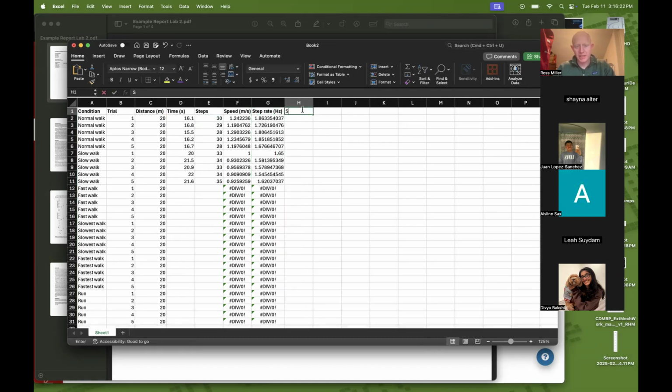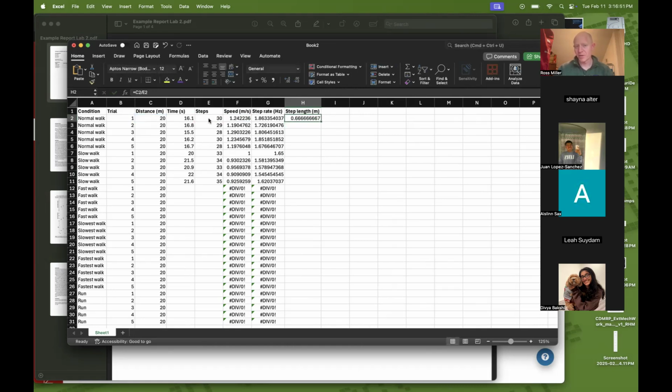And then lastly, I get my step length. And you can get that a couple ways. You can either take your speed and divide it by your step rate, and that'll give you a step length. Or you can take your distance and divide it by your number of steps that it took you to cover that distance, and that'll give you a step length.